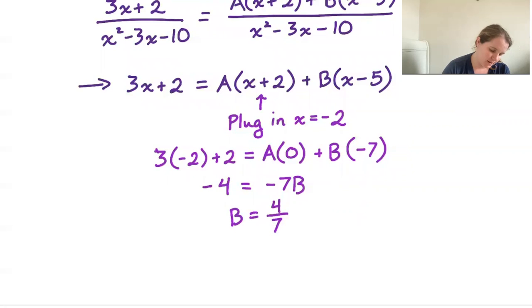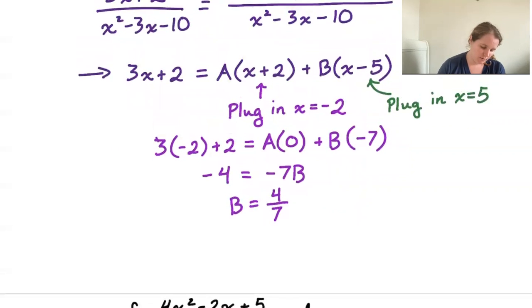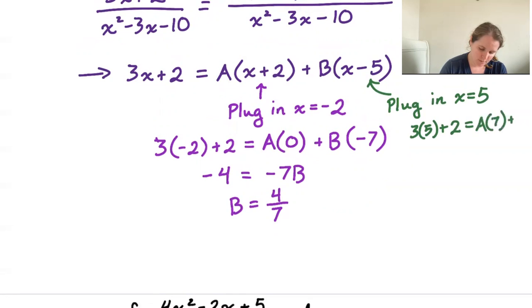Then we'll do the same thing, making the other factor equal 0. So now we will go ahead and plug in x equals 5. Plugging in x equals 5, we have 3 times 5 plus 2 is equal to A times 7 plus 0.